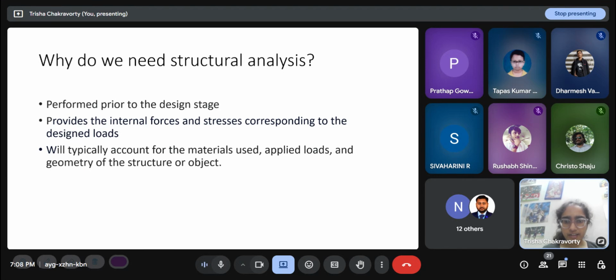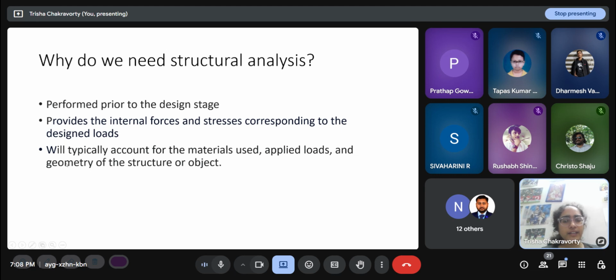Why do we need structural analysis? As I said, it is performed prior to the design stage. Before design, I will have some designated loads, and I'm going to find out the internal forces and the stresses corresponding to the design loads. And this analysis is going to typically account for the materials used, applied loads, and the geometry of the structural object.